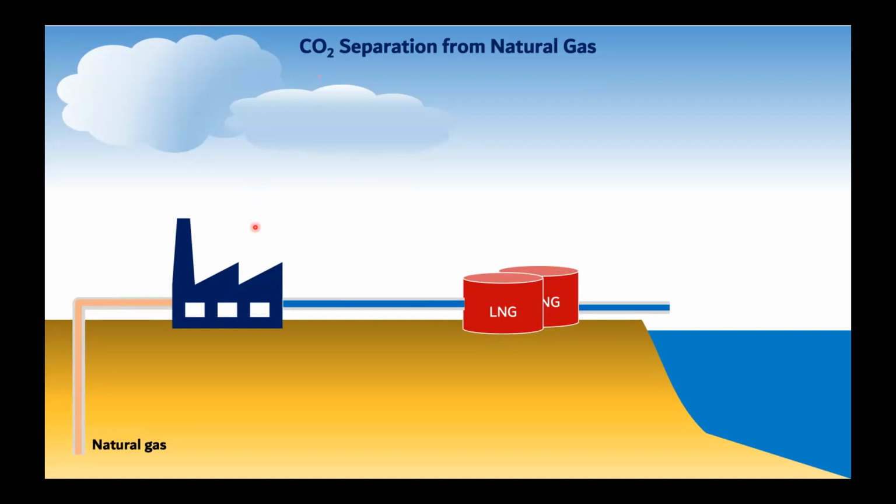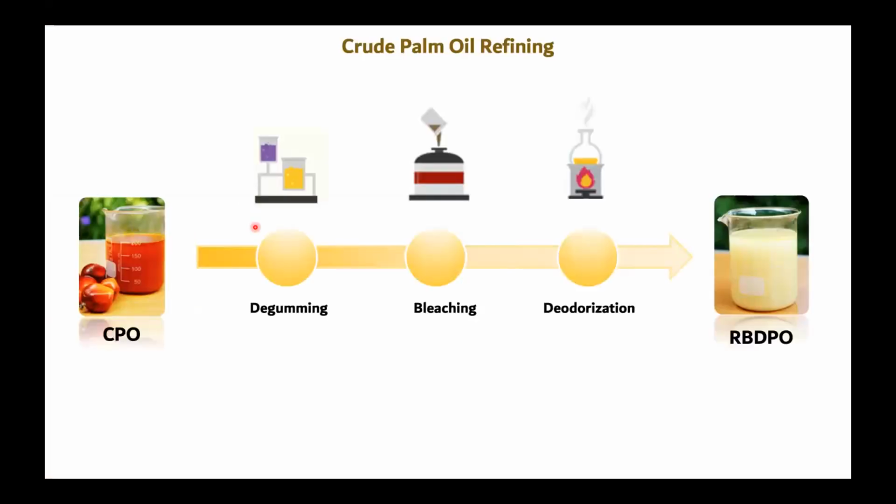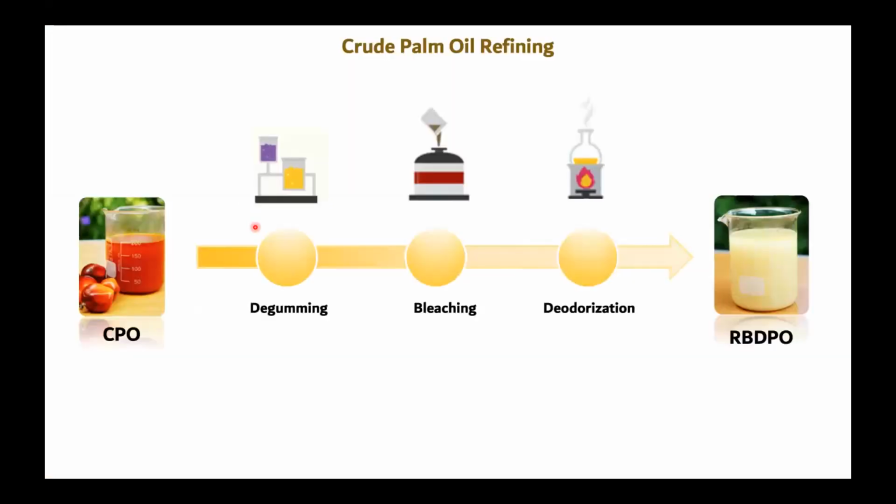Here is another example in the bioenergy field. Here we have CPO, crude palm oil, which is a raw material for biodiesel. But before it is used as raw material for biodiesel, it needs to be treated to become RBD PO, refined bleached deodorized palm oil.